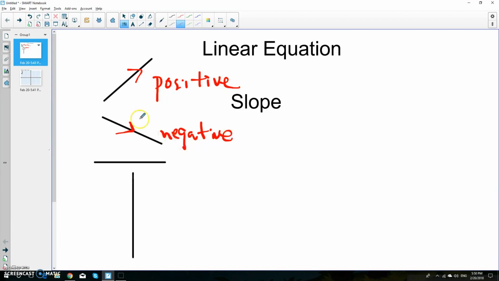And then the other one: we did an investigation and drew a lot of things, and we realized that if you have a horizontal line, the slope is simply equal to 0. So these are simple definitions, giving you a general idea of what a positive or negative slope means.